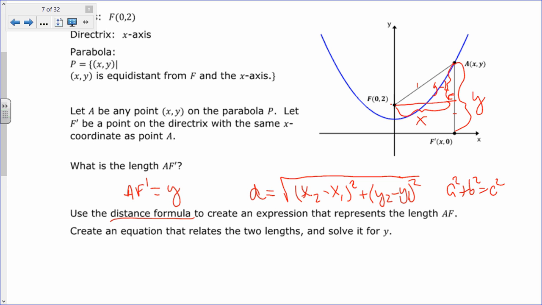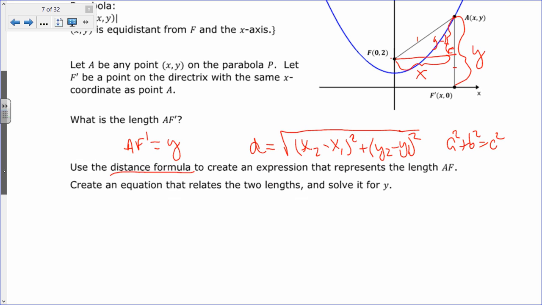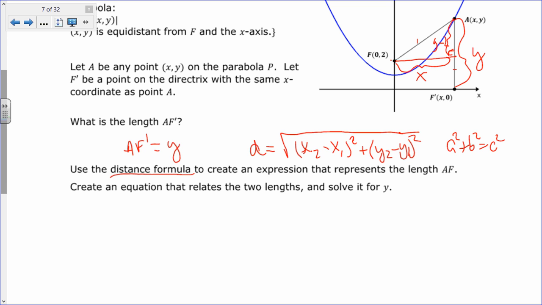We are looking for the distance AF, and if I use the Pythagorean theorem, it's actually a little bit easier to see it. So, I want to solve for c, so c squared equals a squared plus b squared.